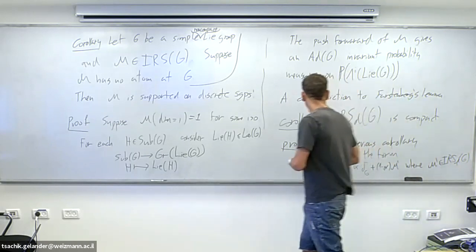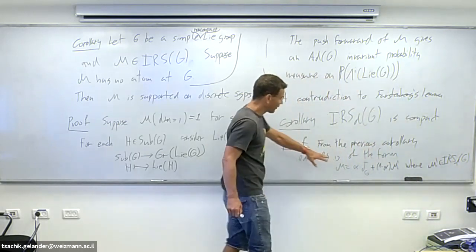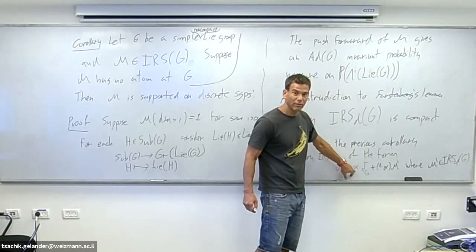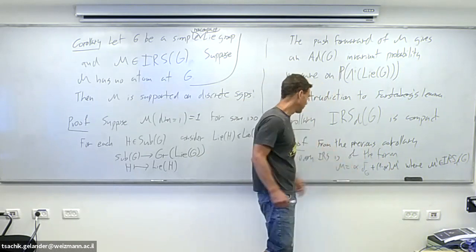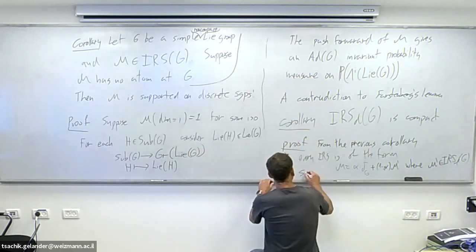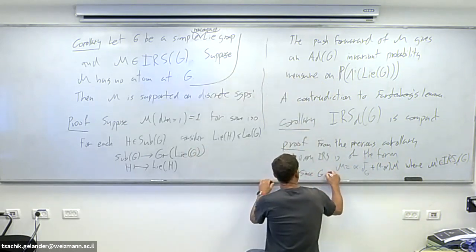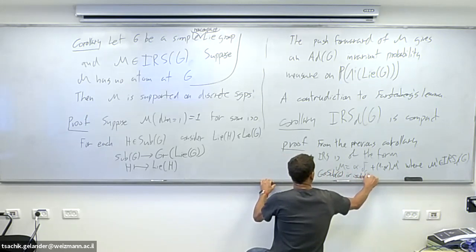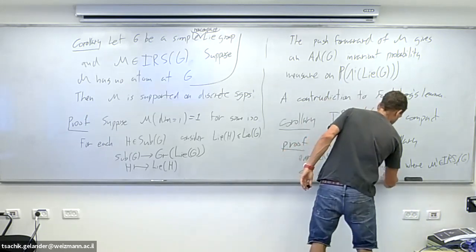Now, since G is isolated, if I restrict to those mu for which alpha is 0, I get compact.